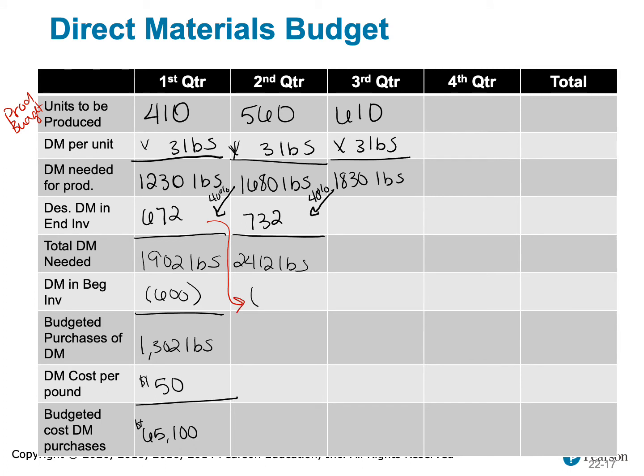So I'm going to subtract those because I don't have to buy them. So that means the total number of pounds of materials that I need to buy in quarter two is 1,740 at $50 a pound, and I believe I need to spend $87,000 on materials in quarter two.